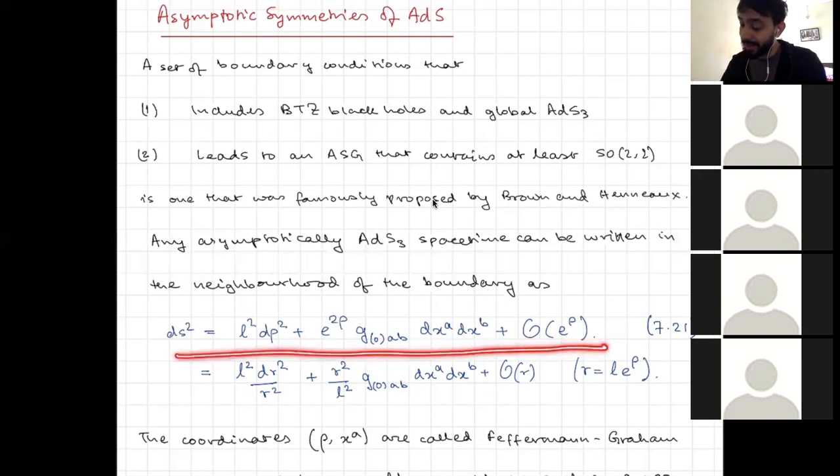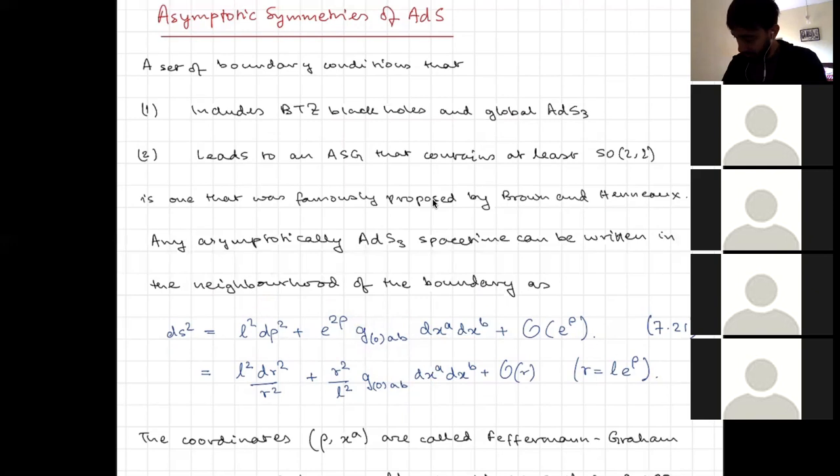Here L is the radius of AdS, and so this can be written as L squared dρ squared plus e to the 2ρ into g0_ab dx^a dx^b. g0_ab is going to be the metric on the boundary, and since this is multiplied by e to the 2ρ, there are some subleading terms which go as e to the ρ.